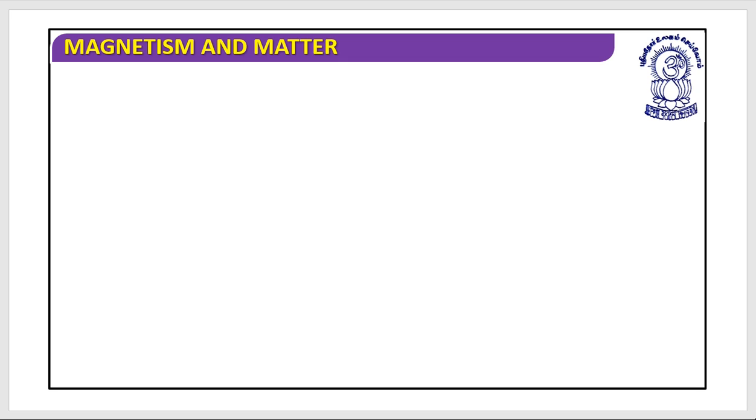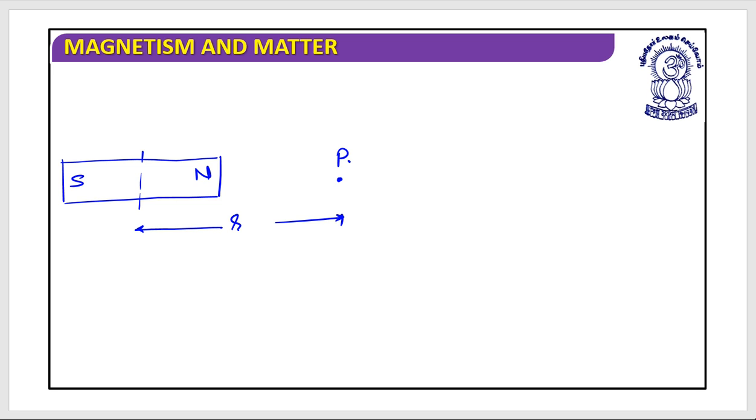Let's suppose they ask, let's suppose this is the situation. This is South Pole, this is North Pole, this is the midpoint, and this is the point P. This separation is R. I hope this is clear.